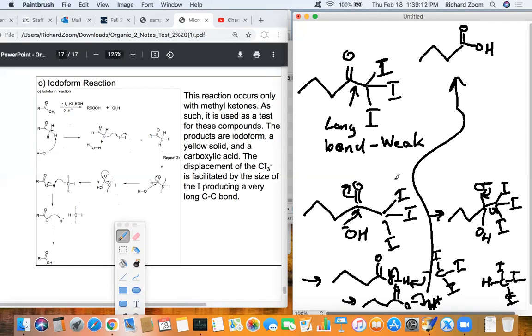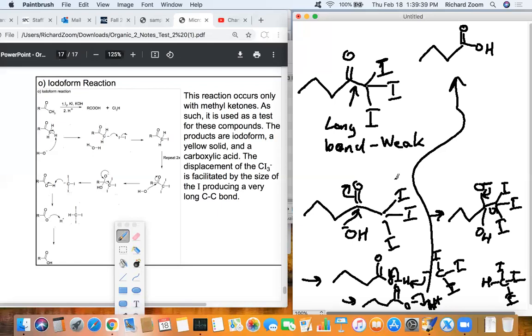So the upshot of this is that if you've got a methyl ketone, then you can get this iodoform, this yellow solid here. And this can actually be a way that you can use to test for methyl ketones. If you do this reaction on a ketone and it forms a yellow solid, you know it's a methyl ketone.